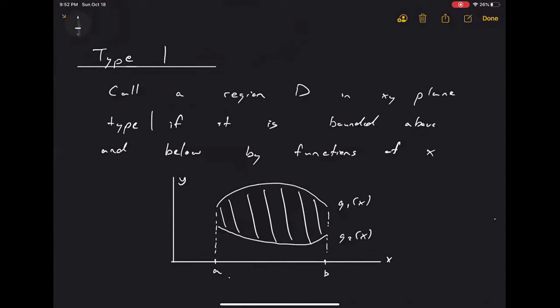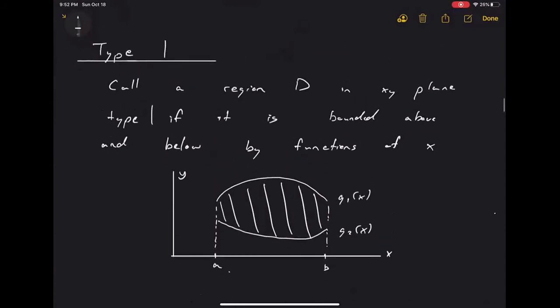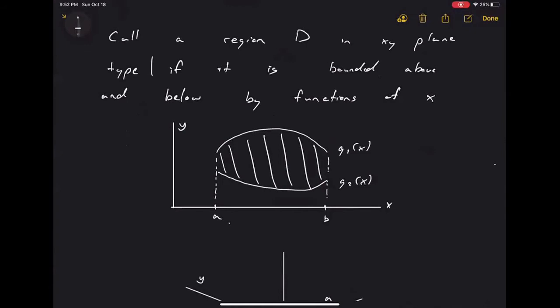What do I mean by that? Let's write our XY plane here as we would normally: x horizontal axis, y vertical axis. Our type 1 domains are regions that have as an upper bound some curve, which is written as a function of x, and then the lower bound we could also write as a function of x.